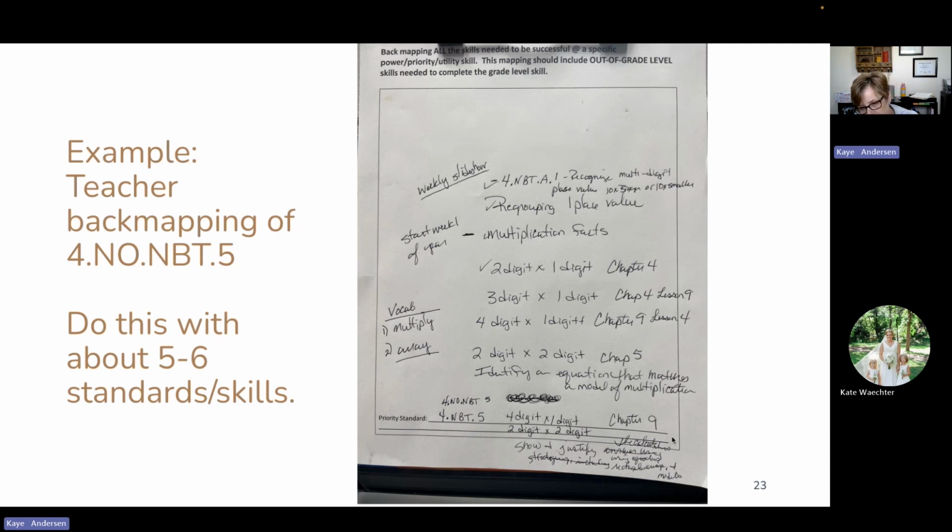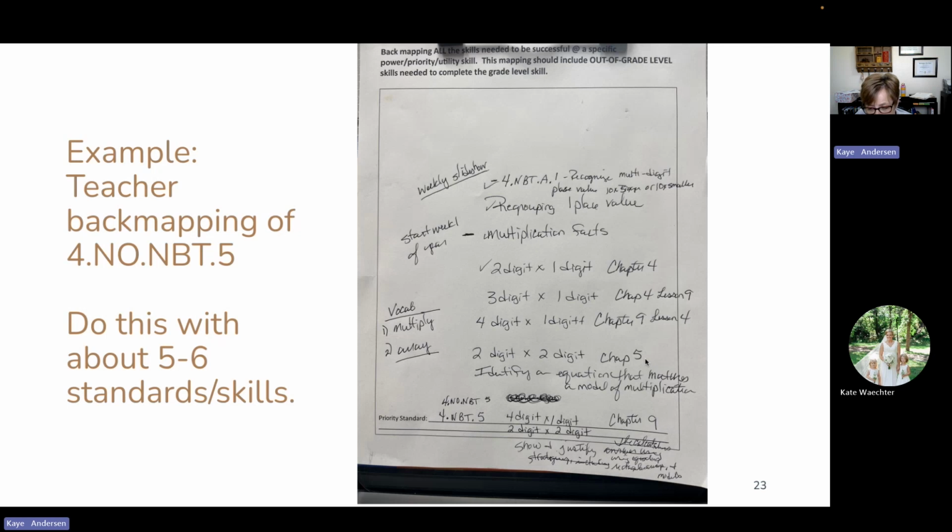Well, in my 4th grade book that I'm using, this happens to occur in chapter 9. But then I back map what are the other skills that a student needs to know and be able to do prior to being introduced to doing this in chapter 9.